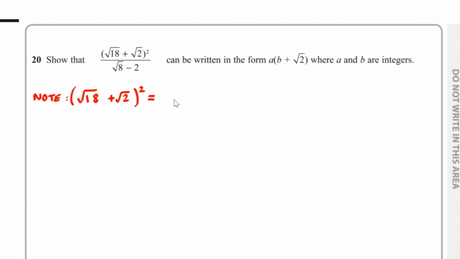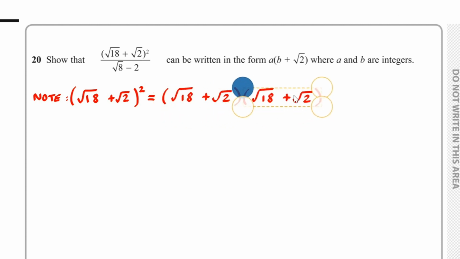Now root 18 plus root 2 squared is the same as root 18 plus root 2 multiplied by itself. And so root 18 times root 18, that's just 18. And then I've got root 18 times root 2 twice.